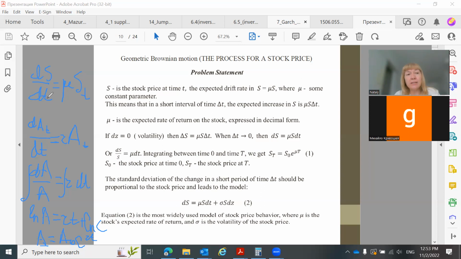So we can write this as mu S dt plus a stochastic term sigma S dz, where mu and sigma are called drift and volatility. And you see that formula 2 is called geometrical Brownian motion. Yes, geometrical Brownian motion.